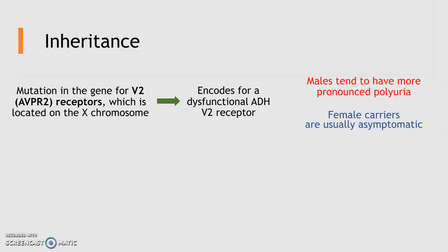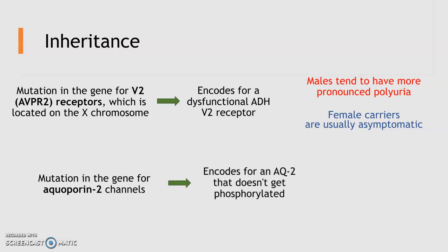Males tend to have more pronounced polyuria because of the whole X chromosome linked thing, and female carriers are usually asymptomatic because we have 2 X chromosomes, so it's kind of compensated. There is also another mutation, which is in the gene for aquaporin 2 channels. This gene encodes for an aquaporin 2 that doesn't get phosphorylated.